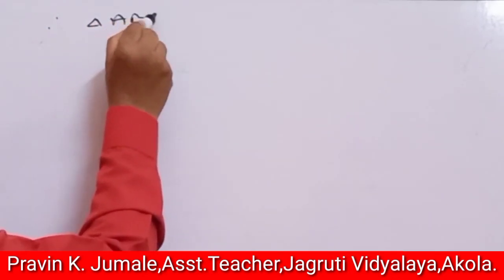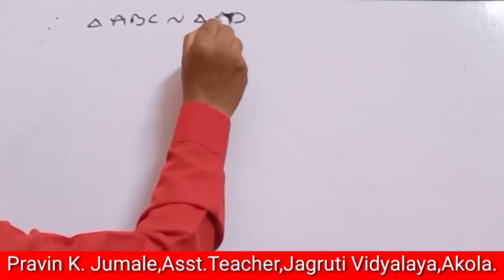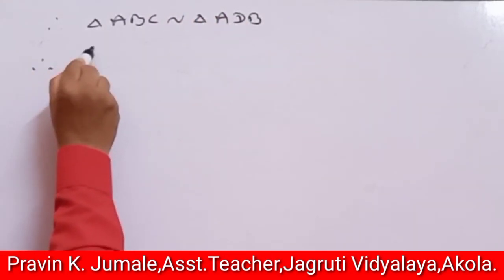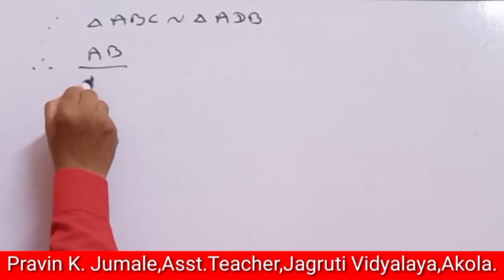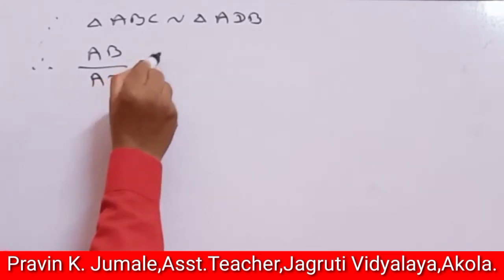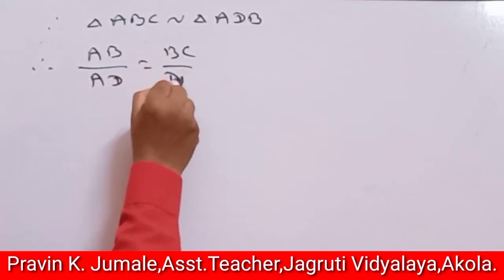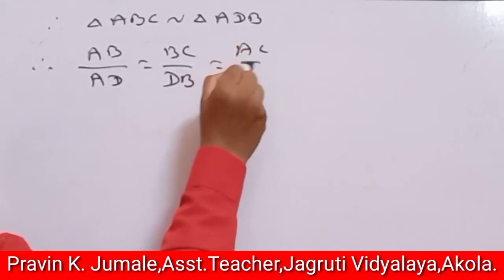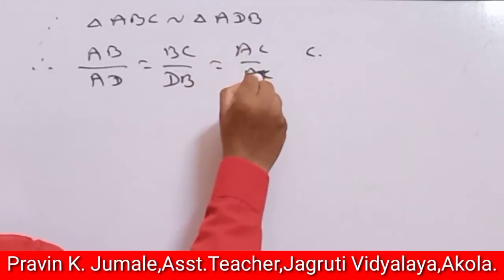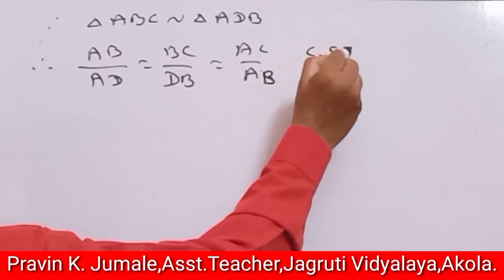Triangle ABC similar to triangle ADB means corresponding sides are proportional. AB upon AD is equal to BC upon DB is equal to AC upon AB. Corresponding sides of similar triangle.